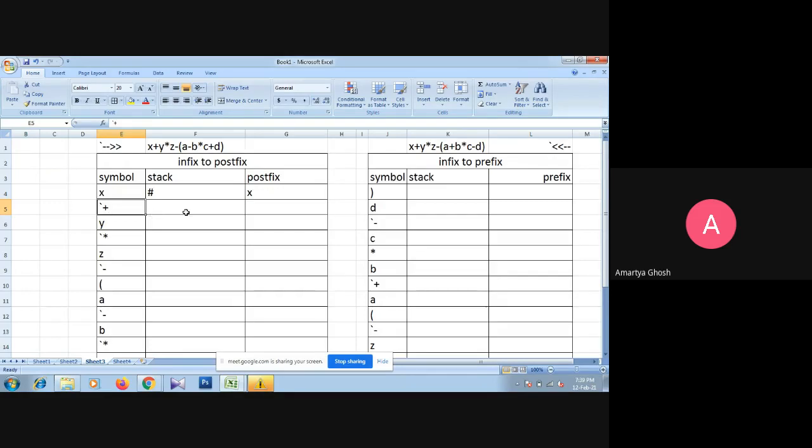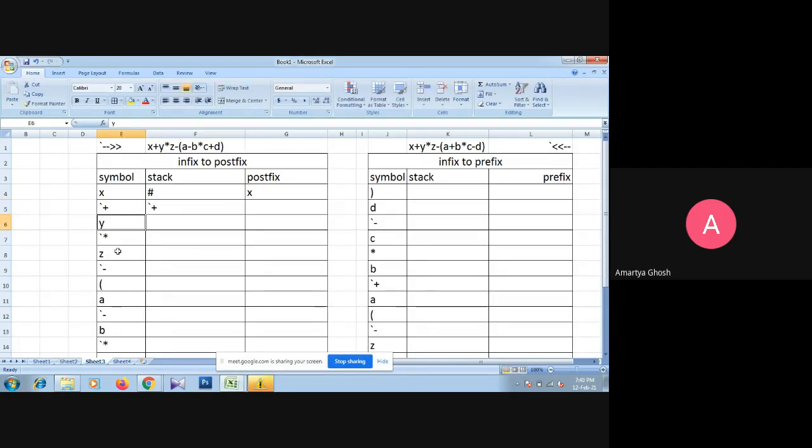It will first go to the stack. So when this operator is pushed into the stack, first we will store this value into the stack. Okay, that is plus. So first element is plus, that is right now in the stack.